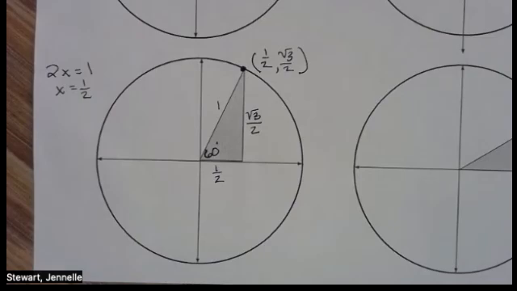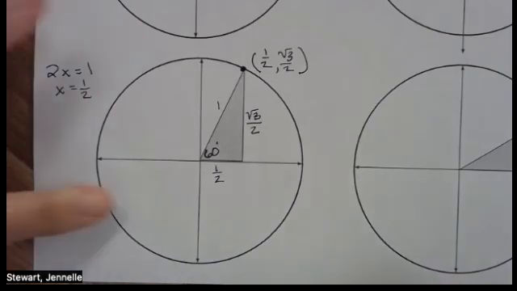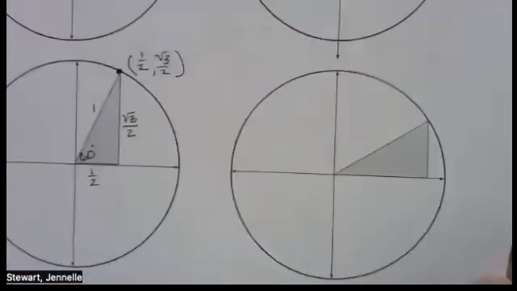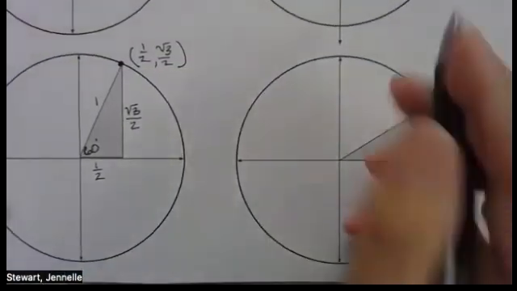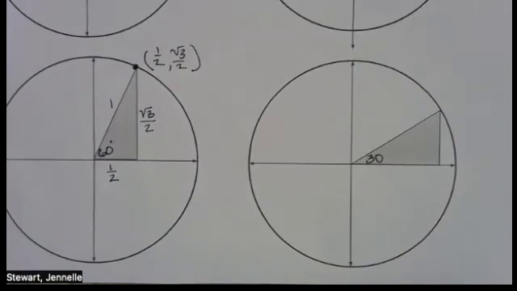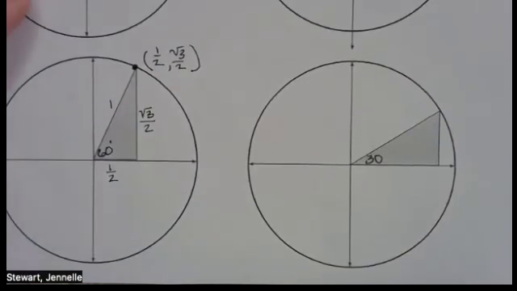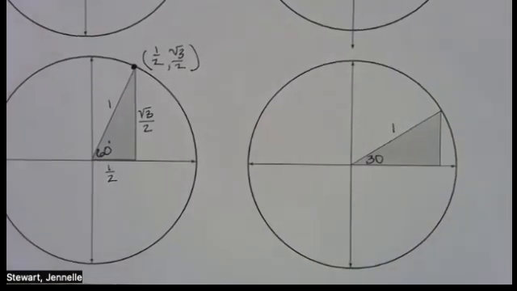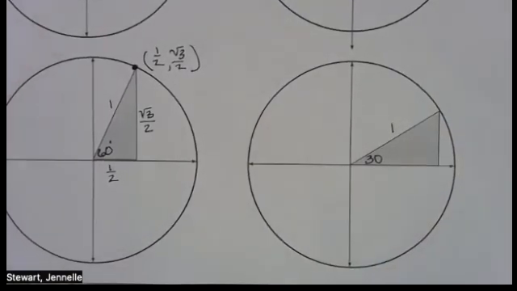Okay, you ready? Let's do the last part. We've gotten our 60 degrees. What's the last one? 30 degrees. What is my radius in the unit circle? 1. Oh, I already did the math for all of this. How wonderful. What's my x value?